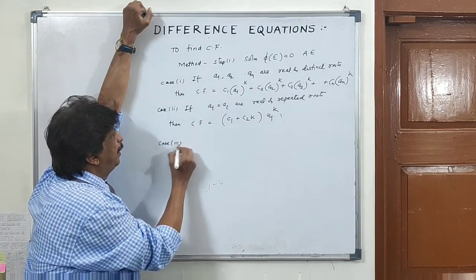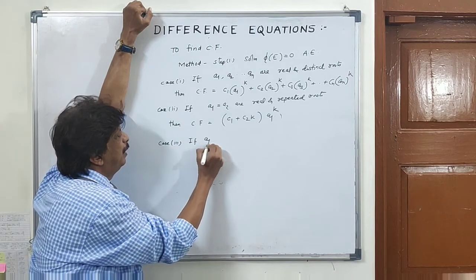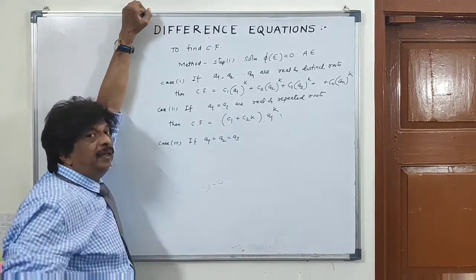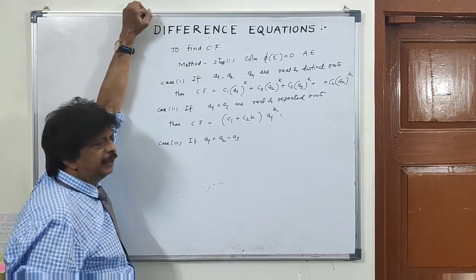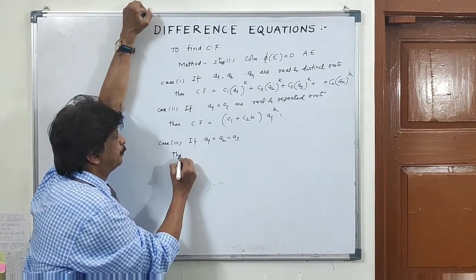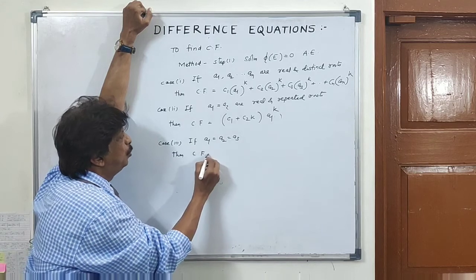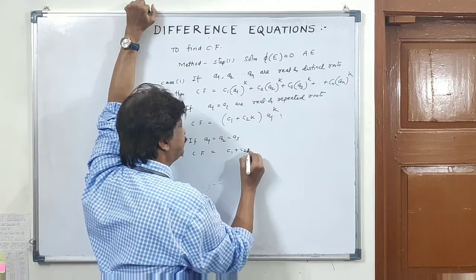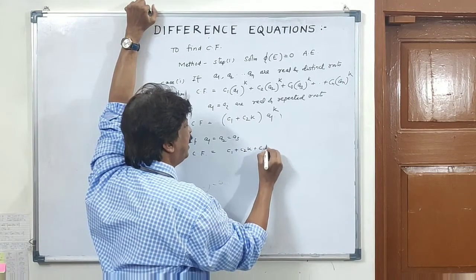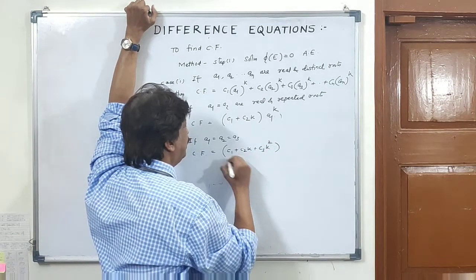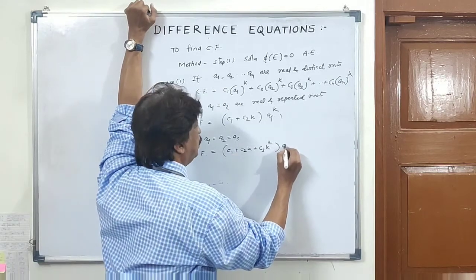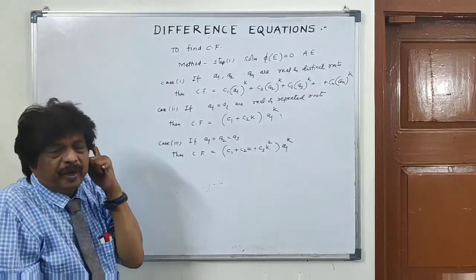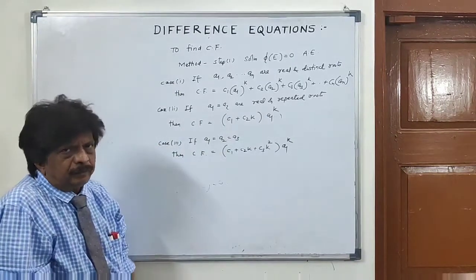Case 3. If a1 equal to a2 equal to a3, suppose there are 3 roots repeating thrice, then CF would be equal to C1 plus C2 k plus C3 k square into a1 raised to power k, or a2 raised to power k, or a3 raised to power k. All 3 are equal.